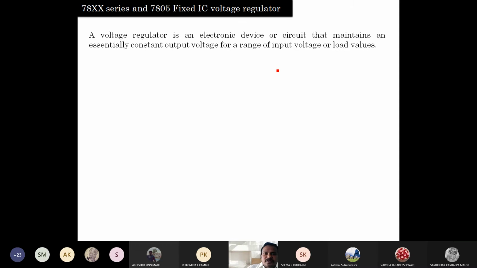Fan regulator, mobile charger, it is nothing but a voltage regulator. The voltage regulator is an electronic device or circuit that maintains an essentially constant output voltage for a range of input voltage or load values.